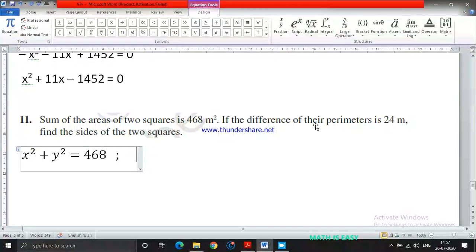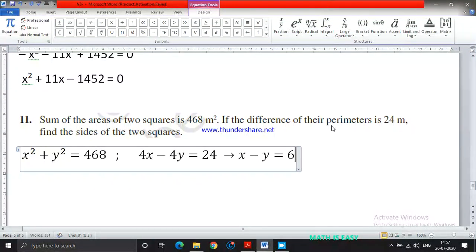Now, the difference of their perimeters. What is the perimeter of the square? 4 times the side. So I will take 4x minus 4y. Difference of their perimeters is 24. If I simplify, dividing by 4 on both sides, I will get x minus y is equal to 6.